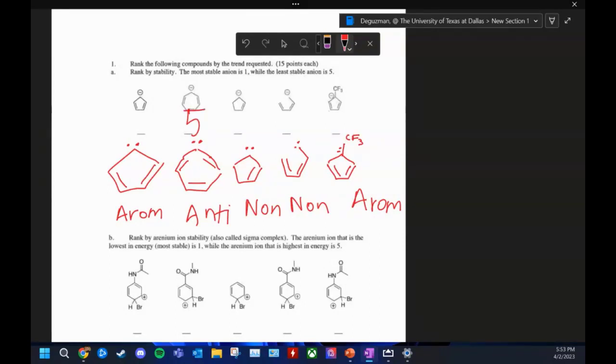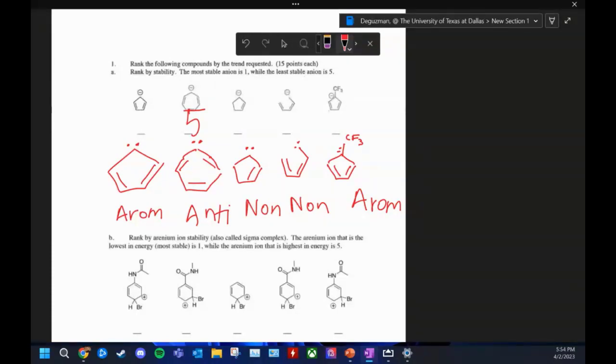But let's look at these aromatics then. Which one are we going to choose as our most stable? Right. So why would we choose the one on the right? The inductive effect. So we have induction. And thus that negative charge is delocalized.